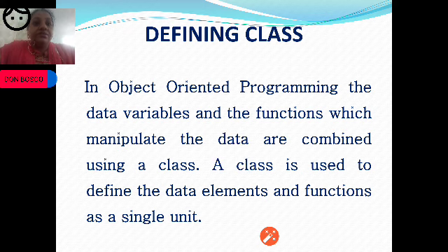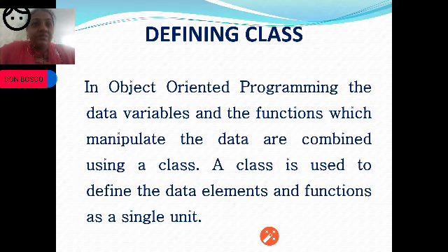defining a class. What is a class? As we studied in the previous chapter, a class is a blueprint of the object. A class represents the data variables and the functions. They are combined in object oriented programming using a class. So a class is used to define the data elements and functions as a single unit.